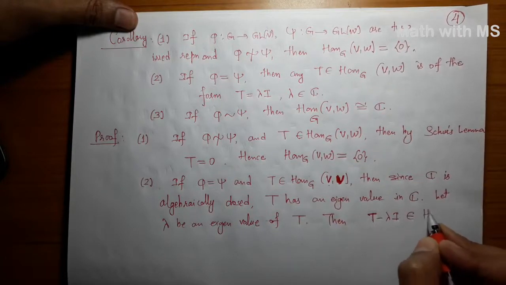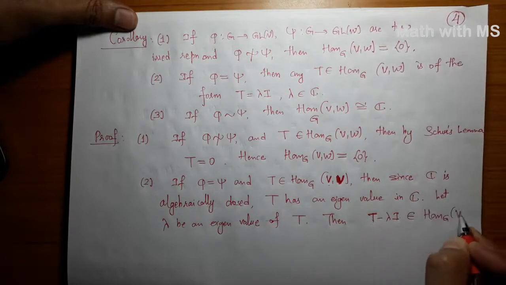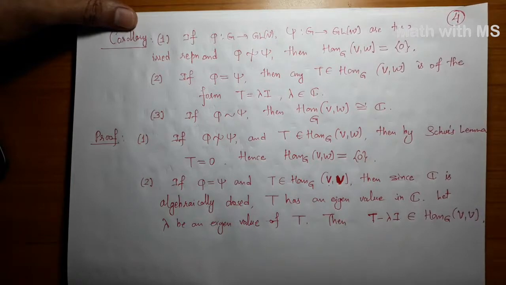So this also belongs to Hom_G(V, V), right? But what kind of morphism is it? Remember that lambda is an eigenvalue. So therefore there exists a non-zero vector v such that (T minus lambda I)(v) is 0. All right, that means T minus lambda I is not invertible.